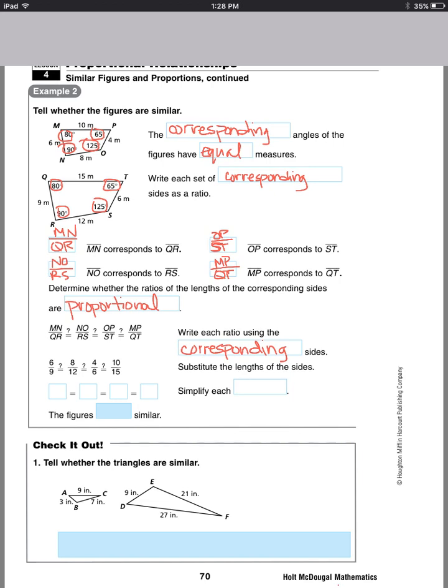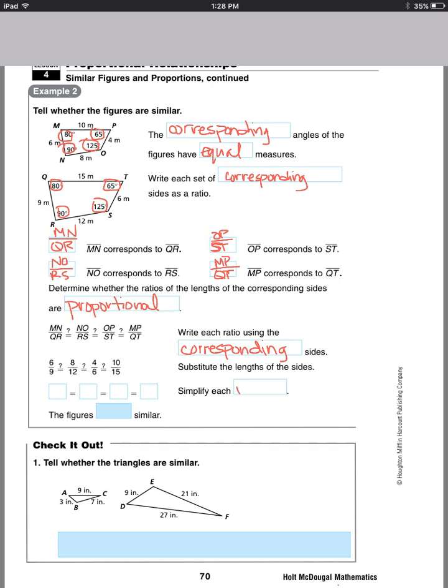They looked at the top figure, and looked for MN and found 6. Then they looked at the bottom figure and found 9 for QR. The second one, they looked at NO on the top figure and saw that it was 8 meters, and RS on the bottom figure and saw it was 12 meters. Then for OP at the top figure, they saw 4, and ST on the bottom figure was 6. And lastly, they saw that MP on the top figure was 10 and QT on the bottom figure was 15.